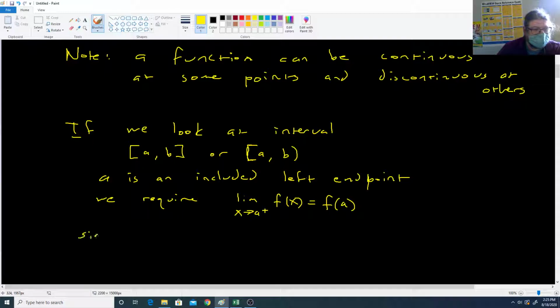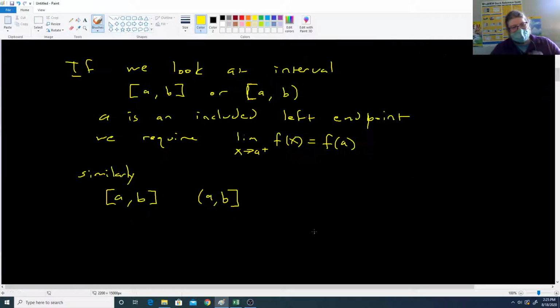Similarly, if we had open bracket a up to square bracket b, and we wanted stuff to be continuous, we would want the limit as x approaches b from the left of the function to equal the function's output at that b.